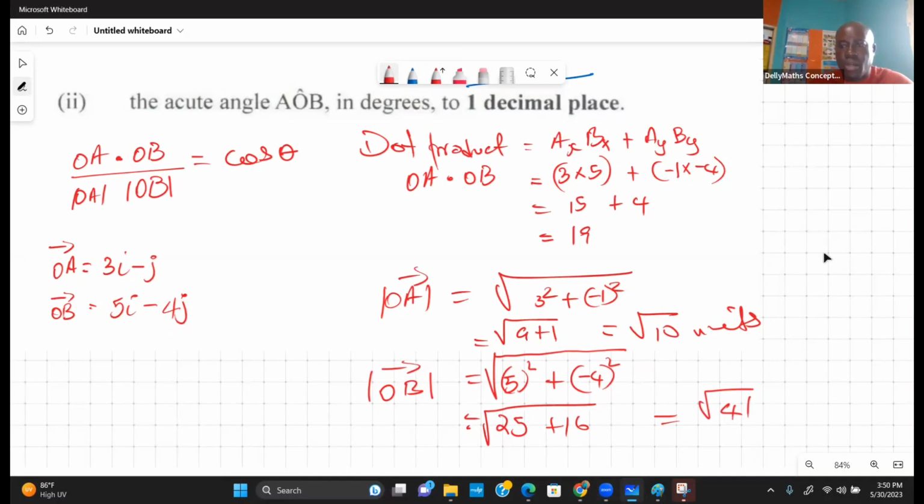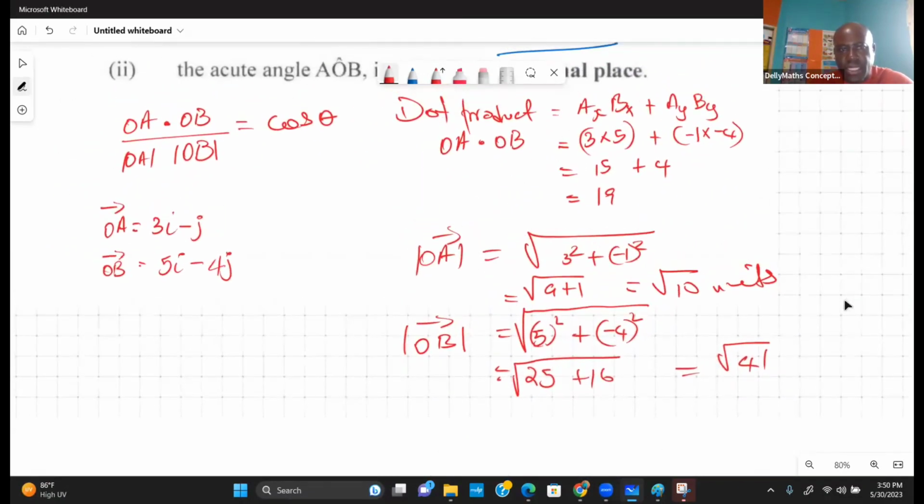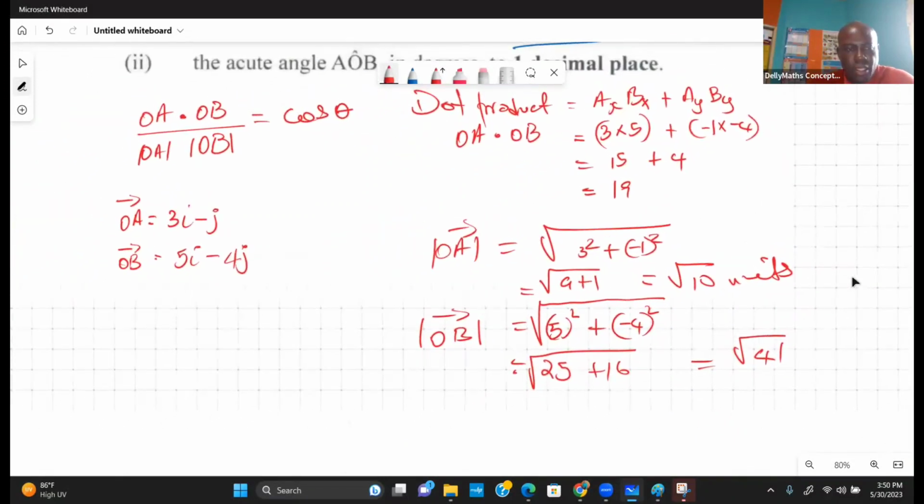So now that we have these, we can easily find the angle between them. So let us put these in, utilizing this formula here.